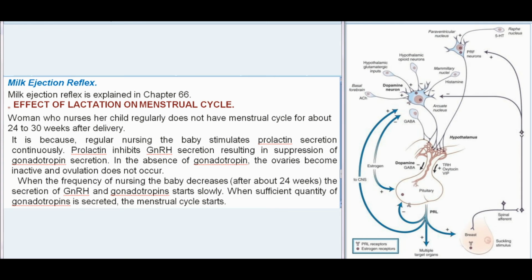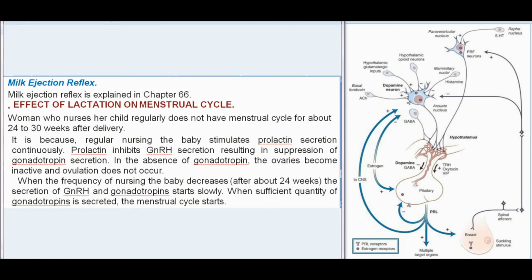Effect of lactation on menstrual cycle. A woman who nurses her child regularly does not have a menstrual cycle for about 24 to 30 weeks after delivery. It is because regular nursing of the baby stimulates prolactin secretion continuously. Prolactin inhibits GnRH secretion, resulting in suppression of gonadotropin secretion.